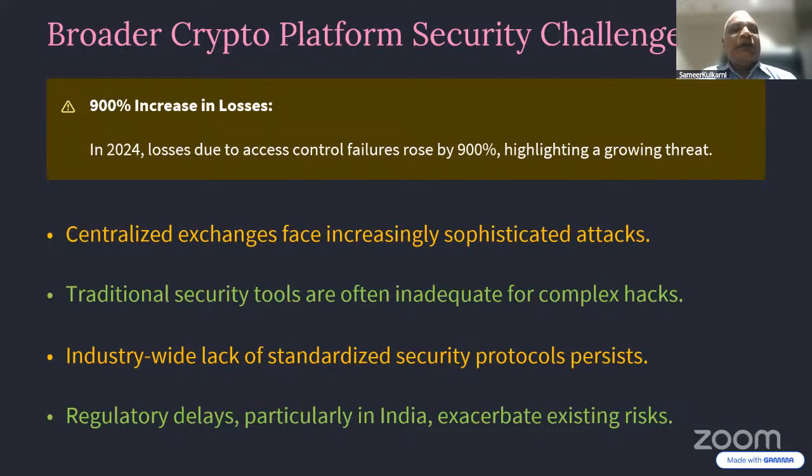In 2024, just for the knowledge of the audience, the losses due to access control failures rose by 900%, highlighting a growing threat. These centralized exchanges face increasingly sophisticated attacks, as we have seen in this CoinDCX attack. The traditional security tools are often inadequate for these complex hacks.